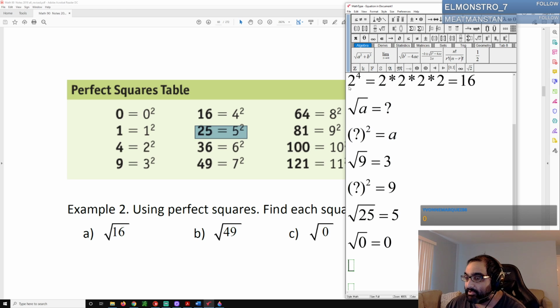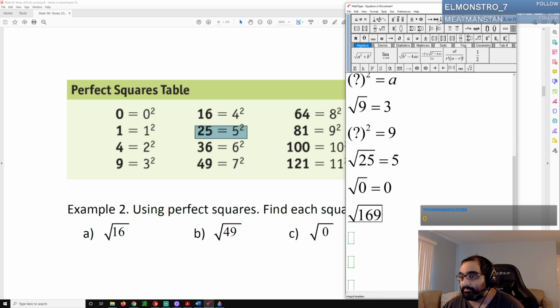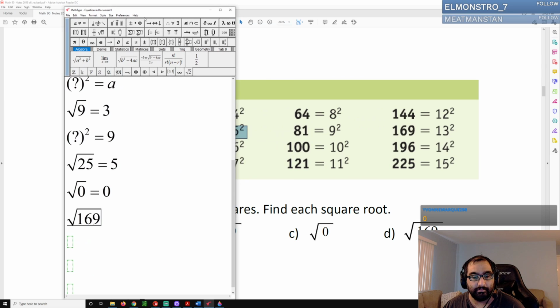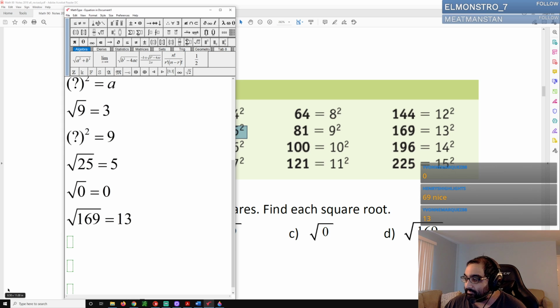Okay, let's try one more. How about the square root of 169? The square root of 169. 13. Very good.